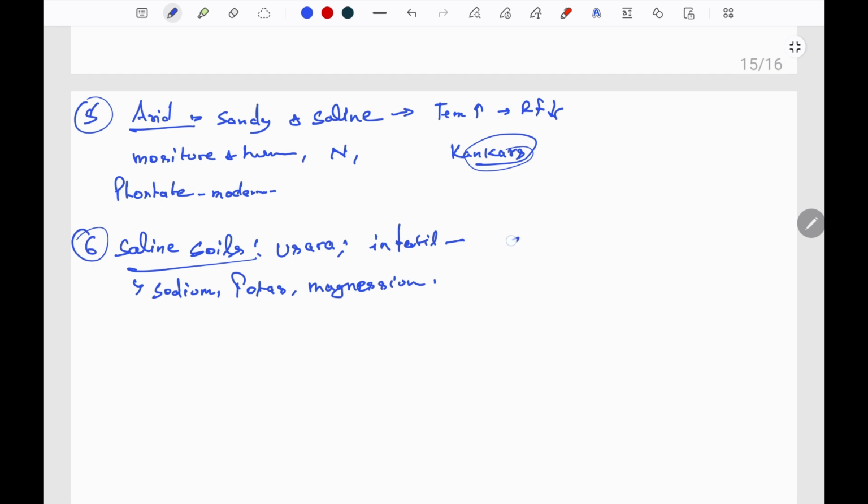And due to the excessive irrigation in the alluvial soil, it is also becoming saline soil due to the capillary action.